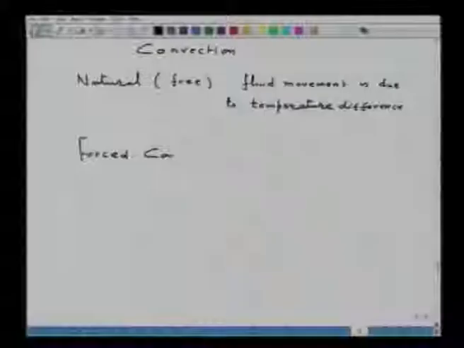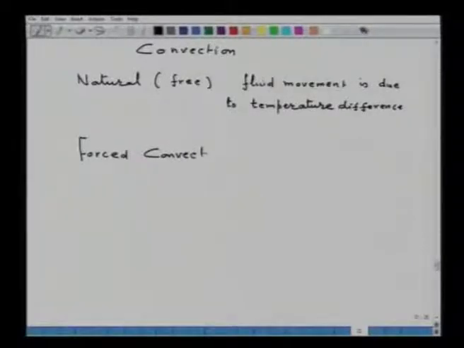Another is called forced convection. As the name suggests, you are forcing the fluid to move, you are applying some type of force. Naturally, the fluid flow will be faster, and as the velocity is faster, there will be a faster mechanism of heat transfer.